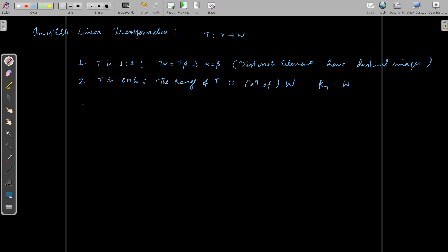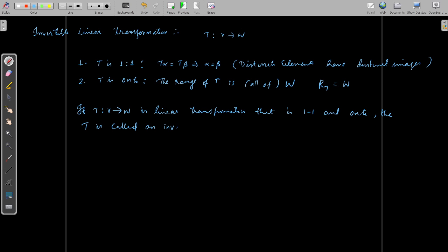Then you can define invertible linear transformation. If T from V to W is a linear transformation which is 1-1 and onto, then T is called an invertible linear transformation.